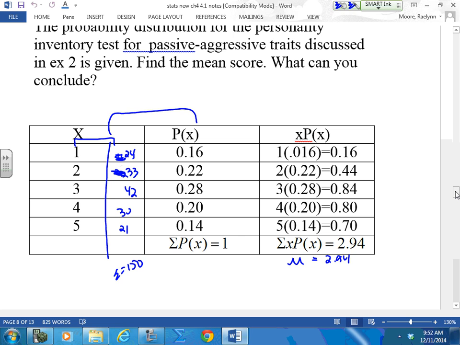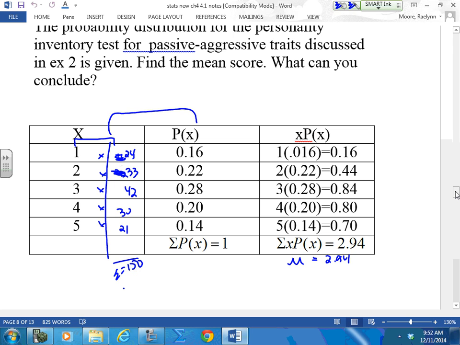Now, how would you normally find a mean with the frequency distribution? Yes, we plug it into our calculator. But if I was going to do this, I would do this times this, this times this, this times this. I would add these all up, get my sum of all of these guys, and divide it by my 150. Wouldn't that give me my mean of a frequency distribution? Now, watch what happens.